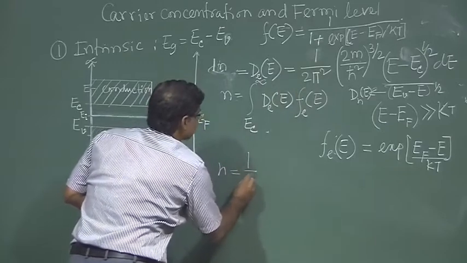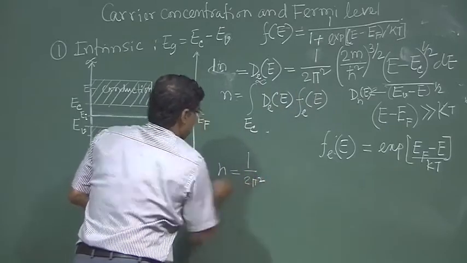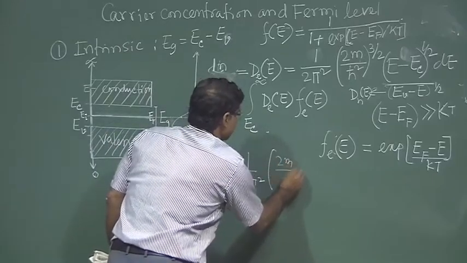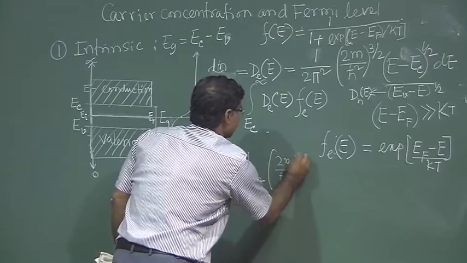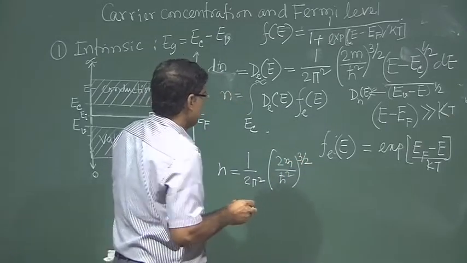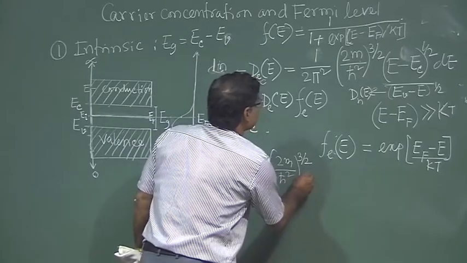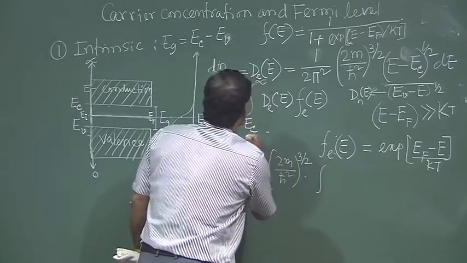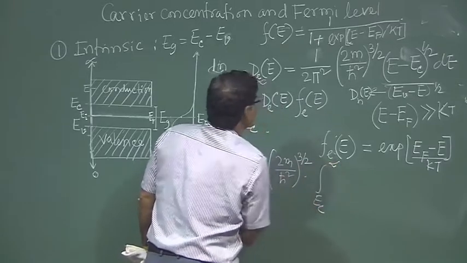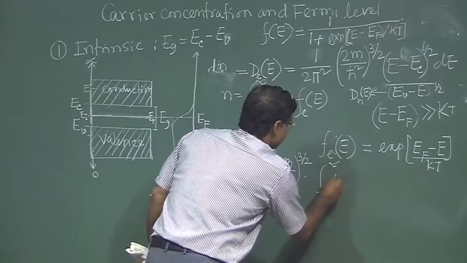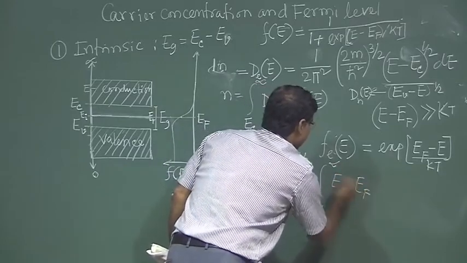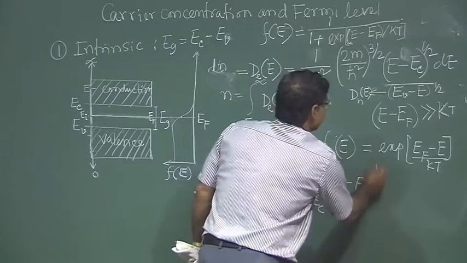So, this you take out from this integration: 1 by 2 pi square, 2m by h cross square to the power 3 by 2, okay, and you will get here integration EC to infinity, and then I am getting here E minus EF to the power half.